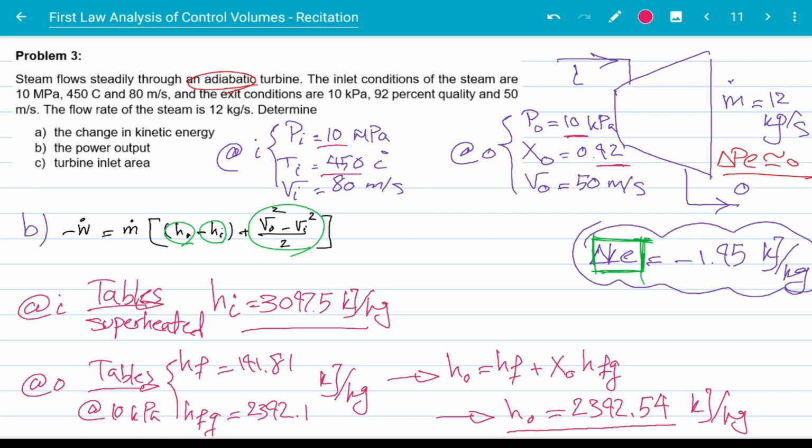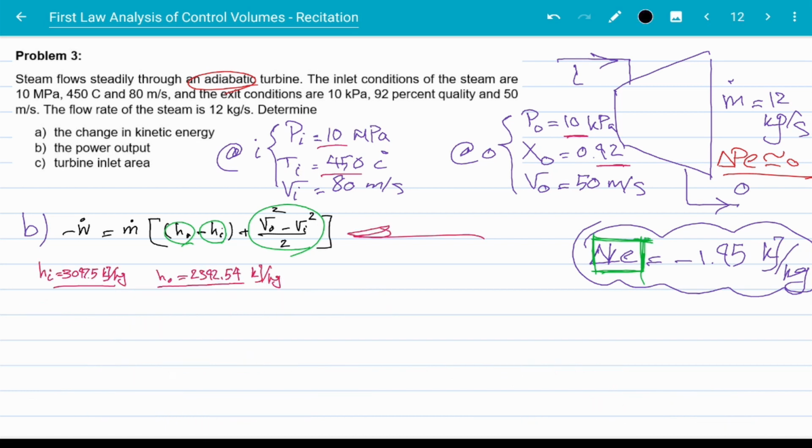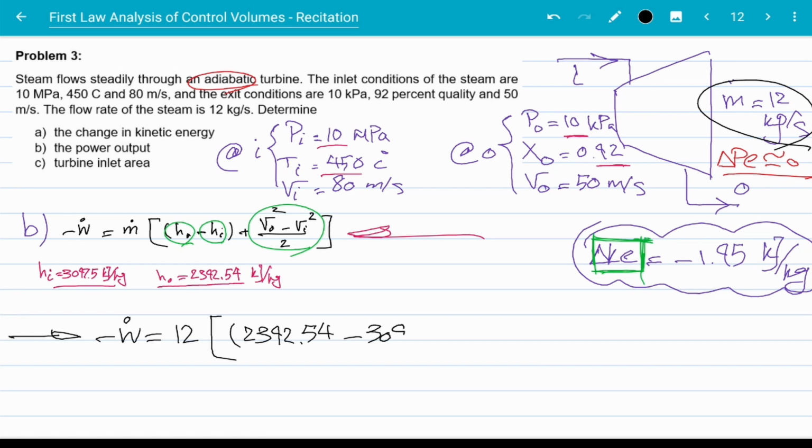Okay, now I have everything. I can plug these numbers back into this equation. Let's do it. Okay, so minus W dot will be, m dot is 12 kilograms per second from here, times h_o, 2392.54, minus h_i, 3097.5, minus this term here, we already know is minus 1.95, so 1.95.